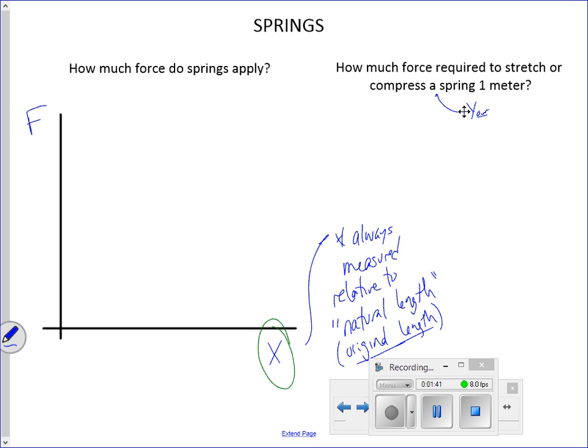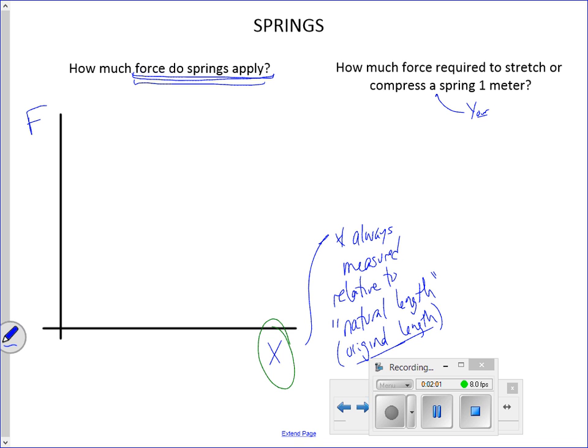What else? The other thing is, how much force does a spring apply? Now, what you likely did was apply some force to the spring, and maybe even measure the amount of force that you were applying to the spring. But that's not the question. The question is, how much force does a spring apply?